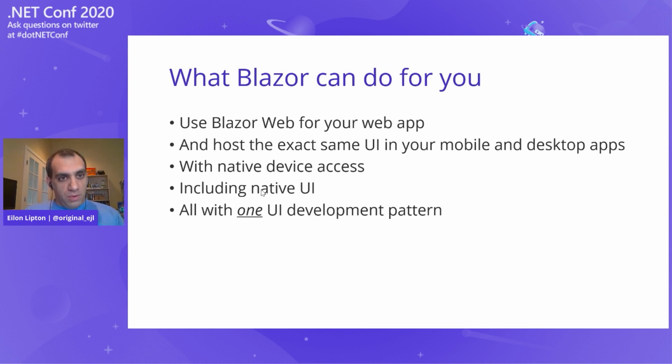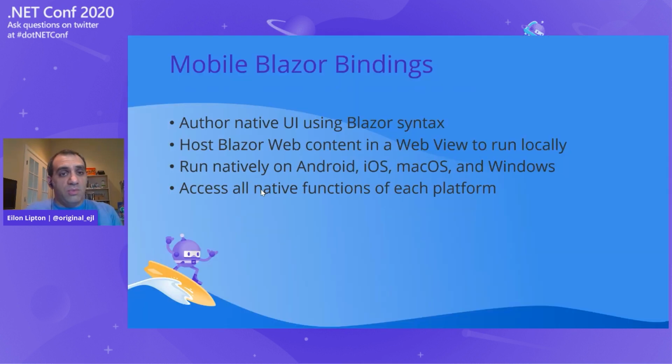And the beautiful thing with Blazor is that you can use one UI development pattern. That is to say, use Razor files with the Blazor syntax, the Blazor component model that you are already familiar with in terms of how to handle events and updates and compose your application. So you get to use one UI development pattern. That's what Blazor can do. And this is where Mobile Blazor Bindings come in.